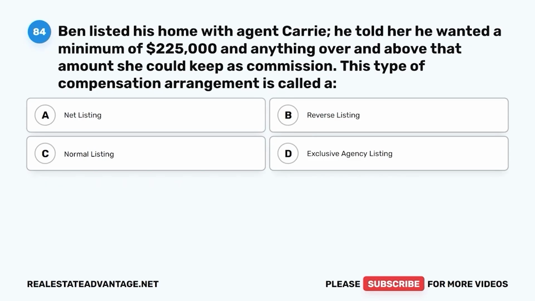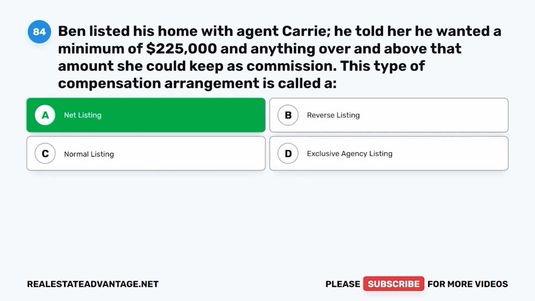Question 84. Ben listed his home with Agent Carey. He told her he wanted a minimum of $225,000, and anything over and above that amount she could keep as commission. This type of compensation arrangement is called A, net listing, B, reverse listing, C, normal listing, D, exclusive agency listing.